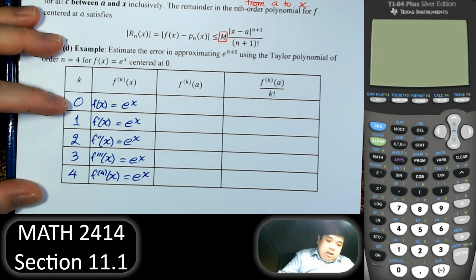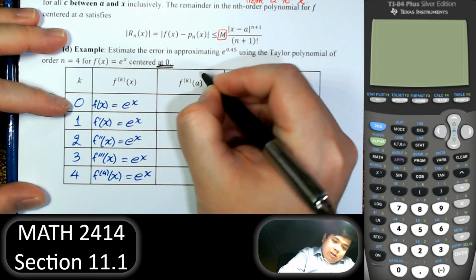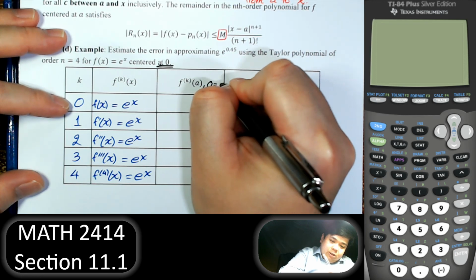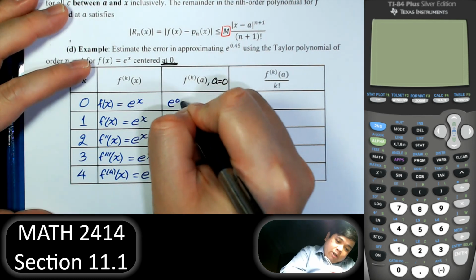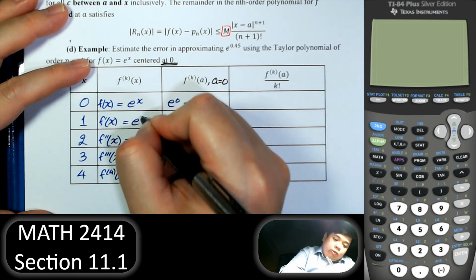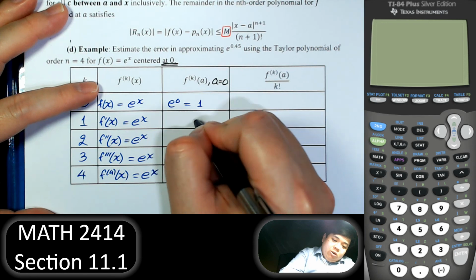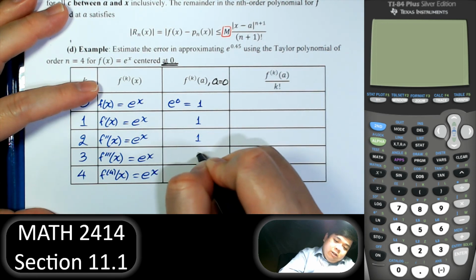Then we evaluate at center 0, meaning a equal to 0. So we'll put 0 in here. e to the 0 power is 1. So all of them, e to the x at 0, are equal to 1.